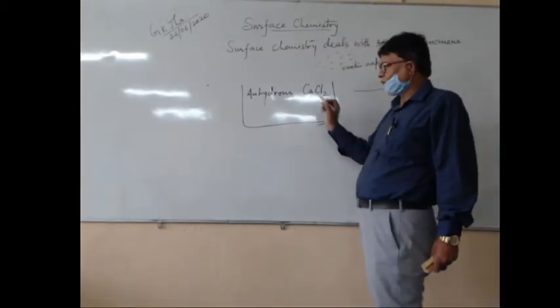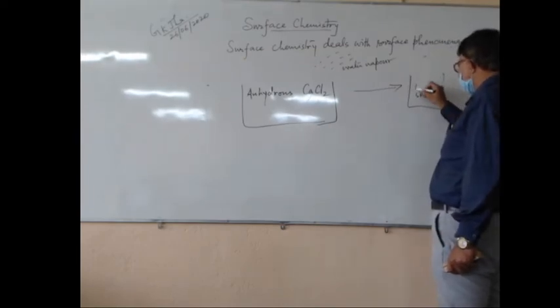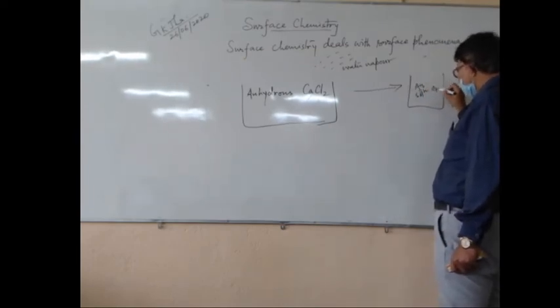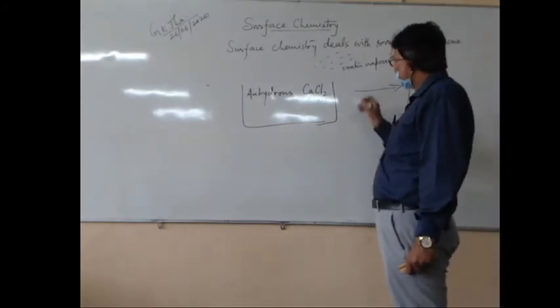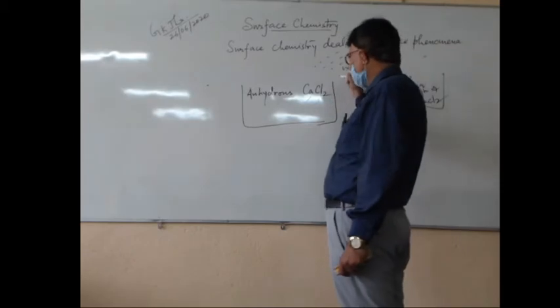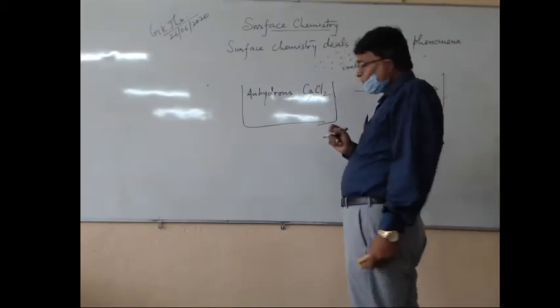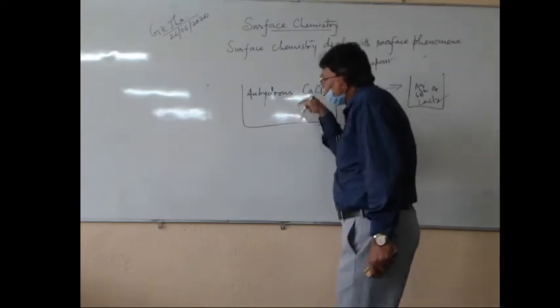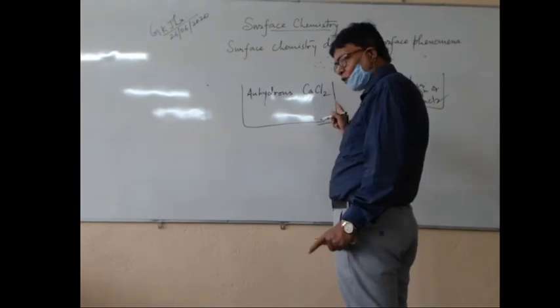After some time, you will notice that we now have an aqueous solution of CaCl2. What happens? This water vapor is uniformly assimilated into the entire bulk of anhydrous calcium chloride.